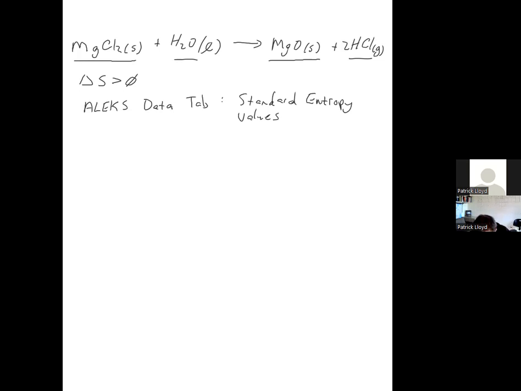And here's the formula you use. Delta S, these are under standard conditions. Remember that little degree sign when we talked about enthalpy back in Chem 11? The degree sign means that this is being done under standard conditions, meaning generally 25 degrees C, although that's not explicitly part of standard conditions.